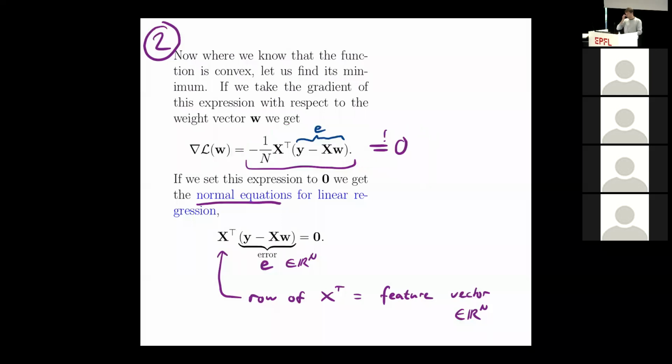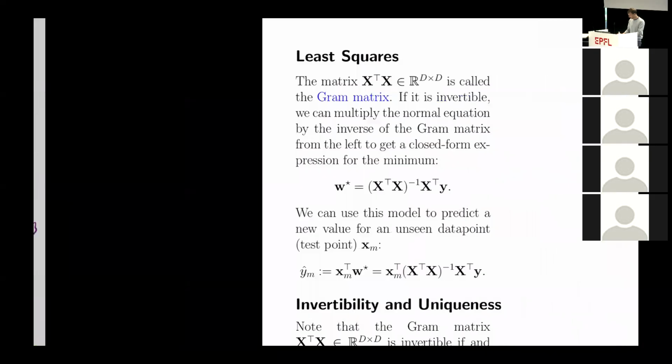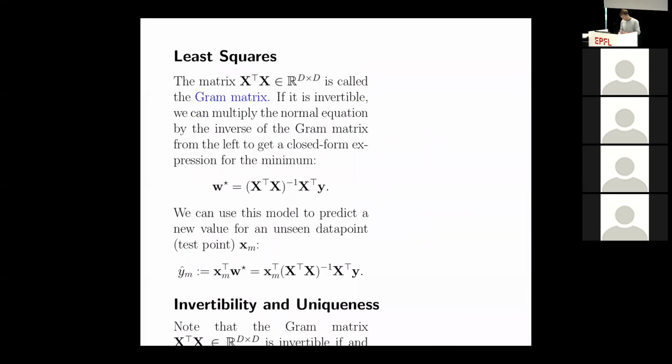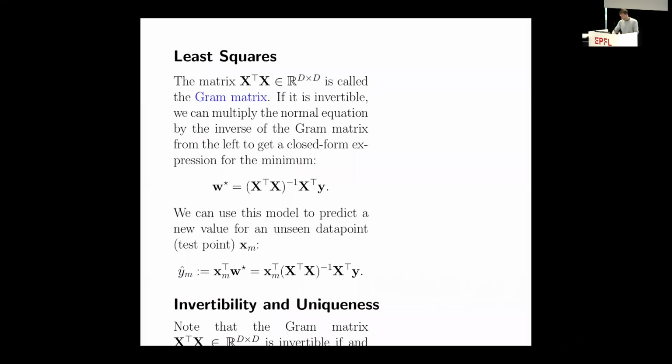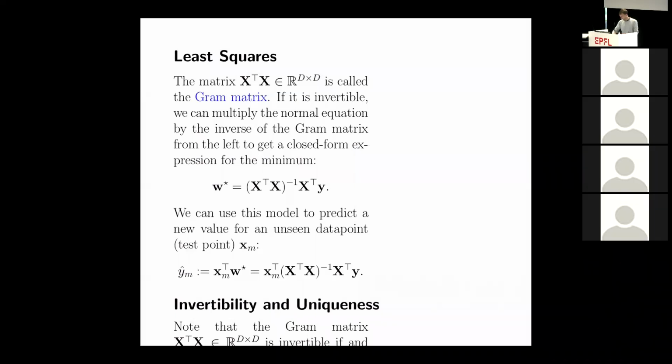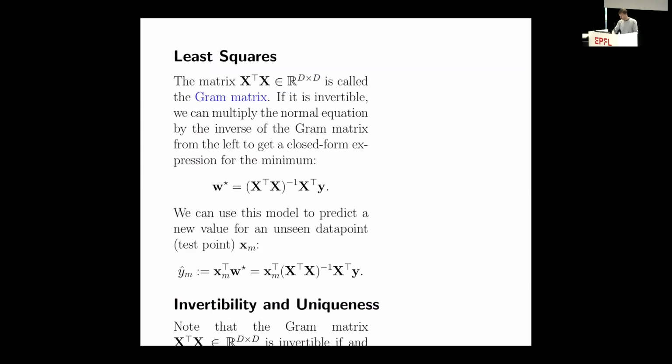So now let's see what happens if we solve the normal equation. What's going to come out? Can we solve the normal equation for W? And of course we can. That's going to be easy to do because we said already this is a linear system. So how do we solve a linear system?